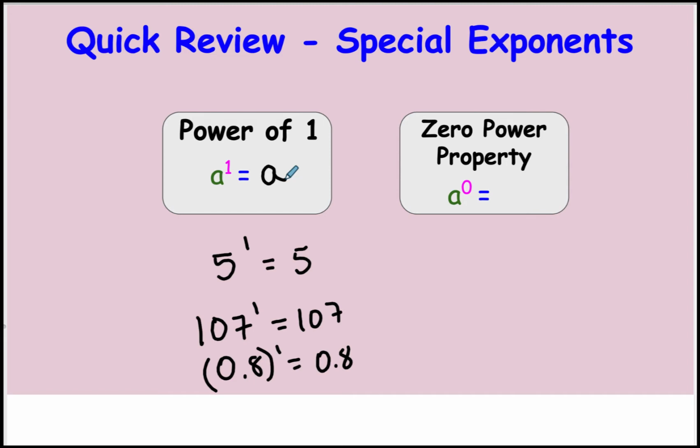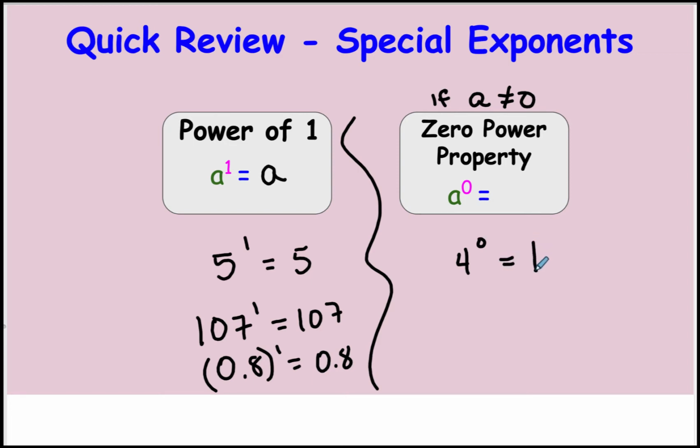The zero power property, let me know if you want me to explain it further, says that as long as the base is not 0, then whatever real number is raised to the 0 power, your output is always going to be 1.